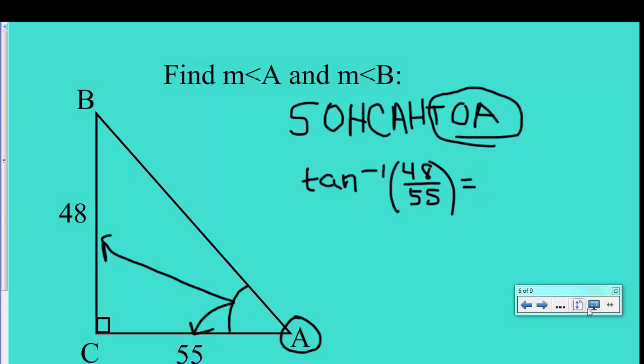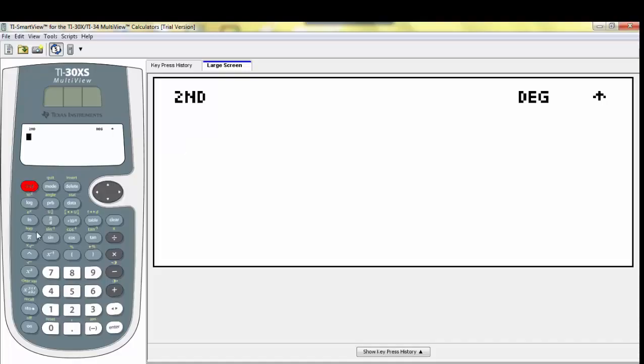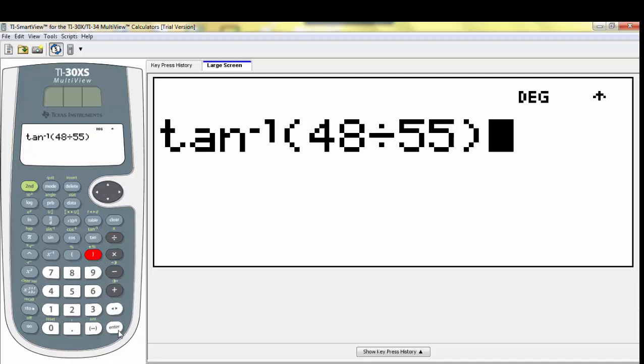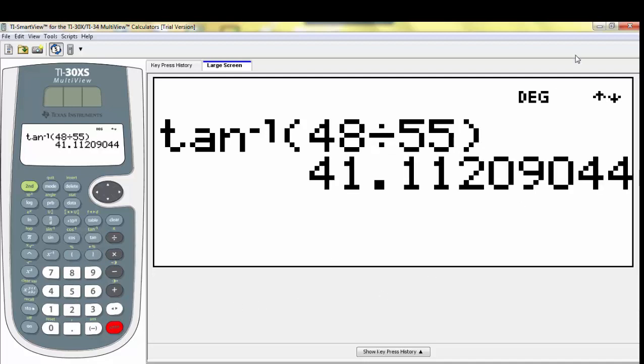Go to the calculator and figure out the angle. You can usually type in the ratio right away. I'll just type in 48 divided by 55 and get a measure of 41 degrees.